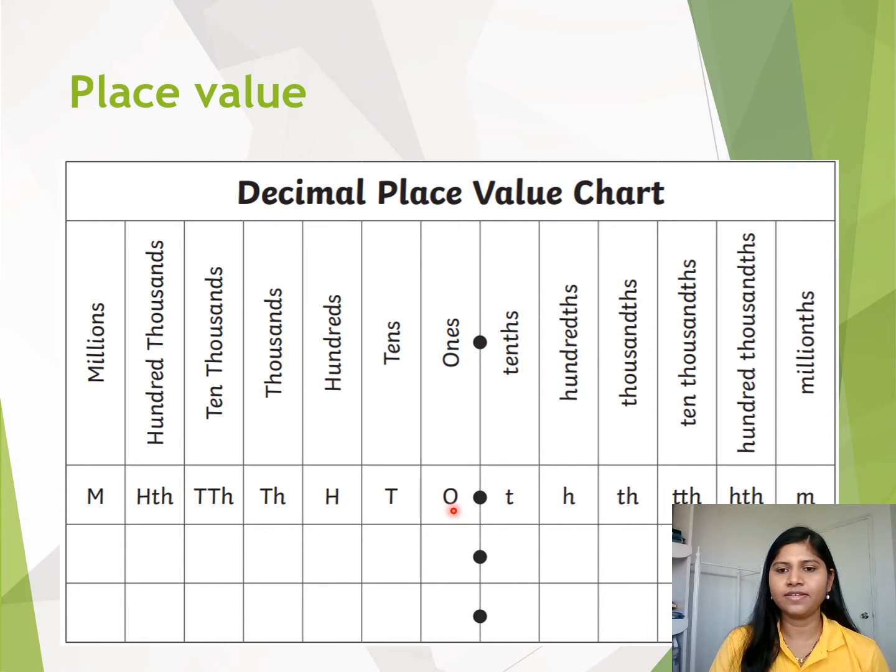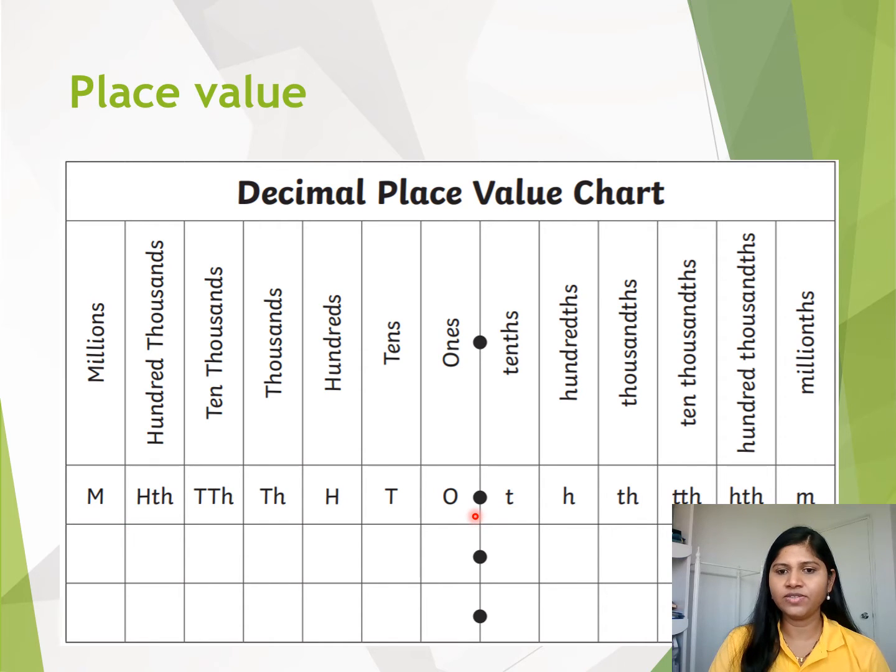The first digit to the left is ones. The place value for the second digit is tens. The third is hundreds. Fourth is thousands. Fifth is 10,000s. Sixth is 100,000s. And the seventh is millions.